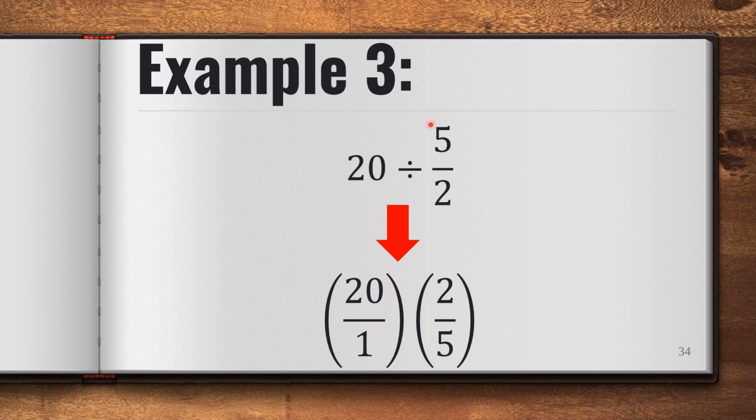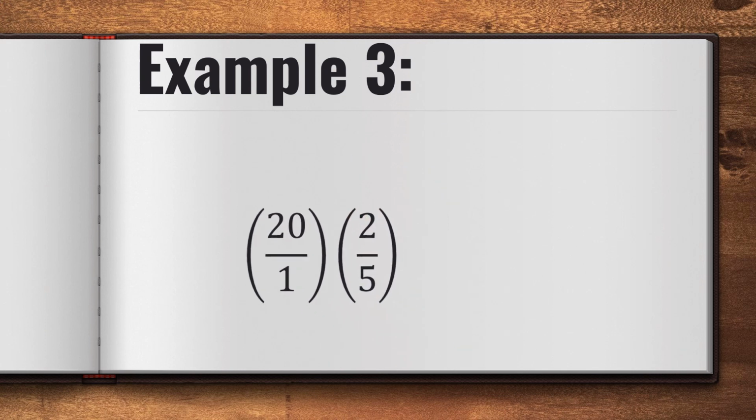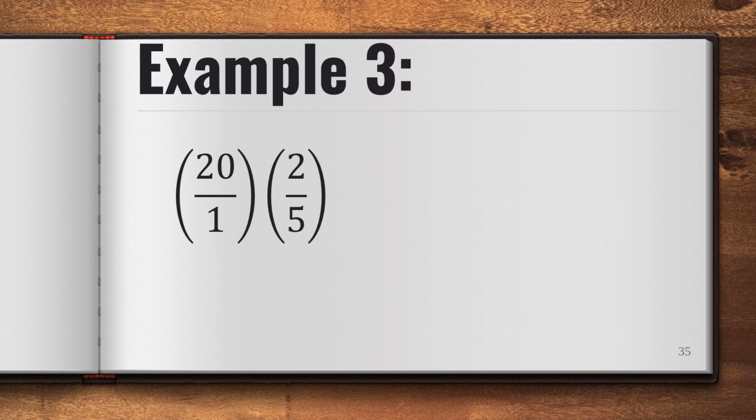And then the reciprocal of 5/2 is 2/5. And then after this, we will apply numerator times numerator and denominator times denominator. So 20 times 2 is 40 and 1 times 5 is 5. Simplifying this, the final answer is positive 8.